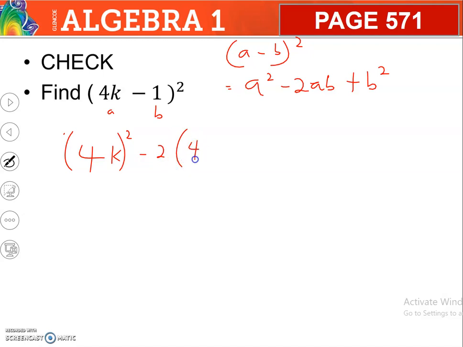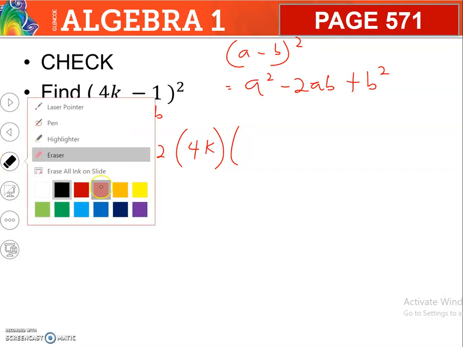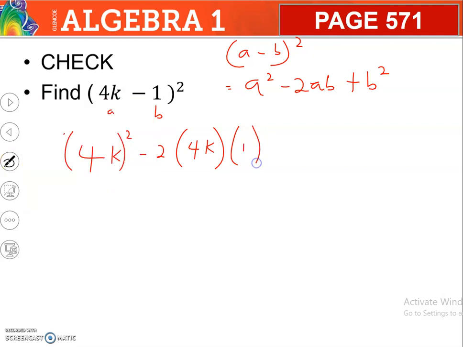A is 4k and b is 1. Then plus b squared, which is 1 squared.